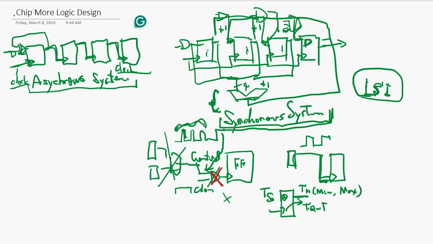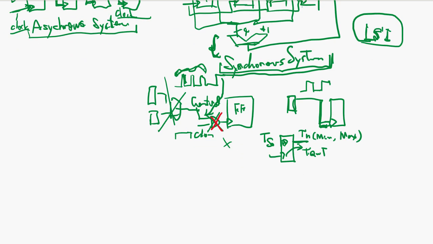Let me explain this in detail. This is a rising edge flip-flop. If it's a falling edge, we put the circle here, right? When the clock goes up, data is getting into the flip-flop. The data has to settle here before the clock edge comes.